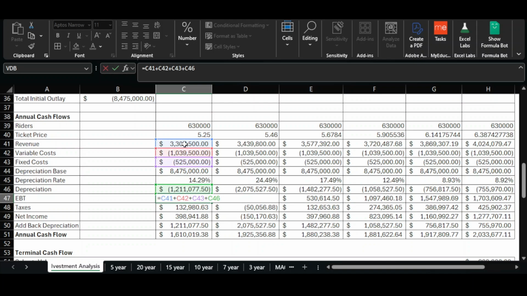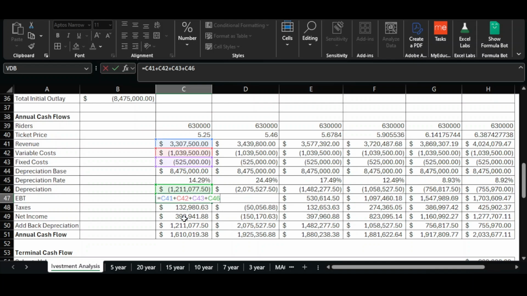You always add up the revenue, subtract the variable cost, which in here appear to be all plus, but the negative signs of the values here take care of the deduction. And that's the reason why they have to be negative, because when you sum them all up to compute for the EBT, they are going to be a minus operation instead of a plus.